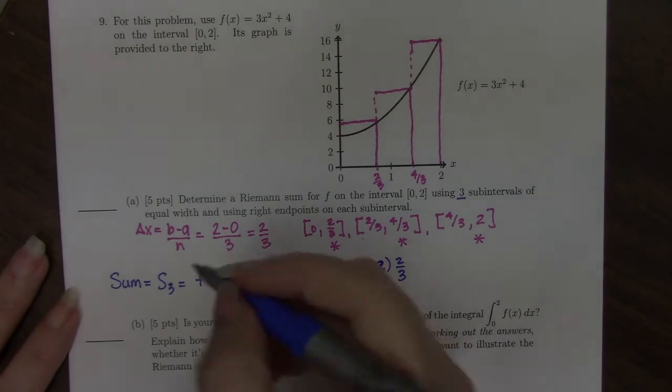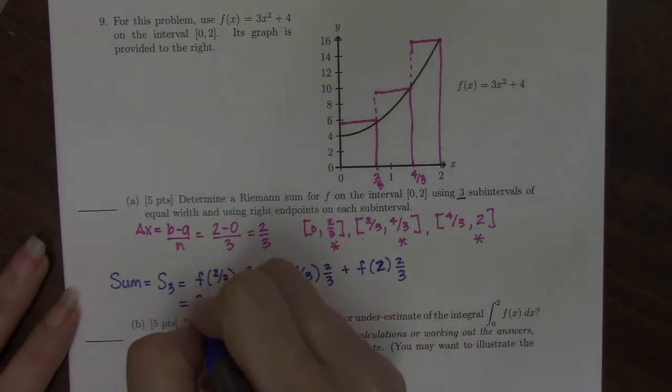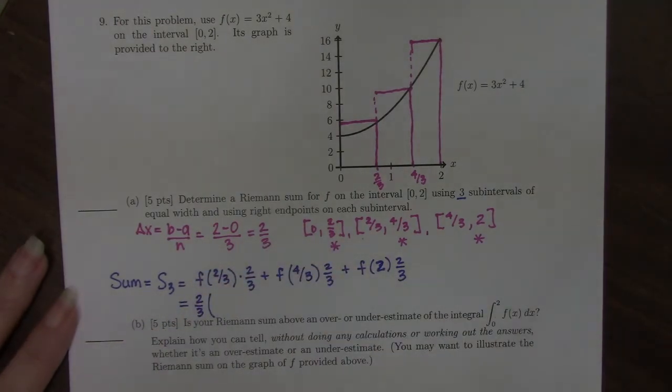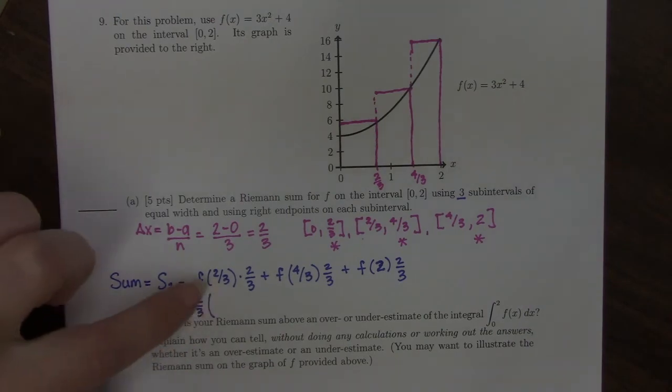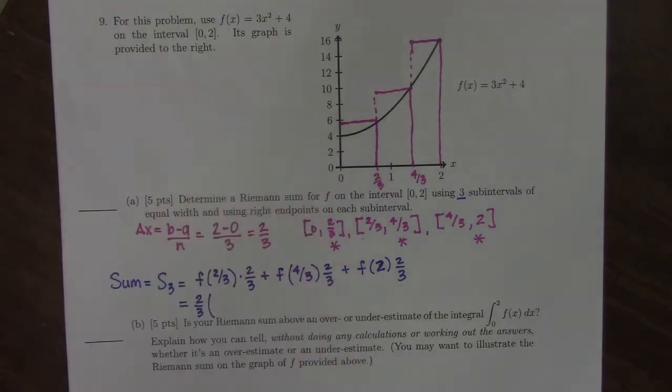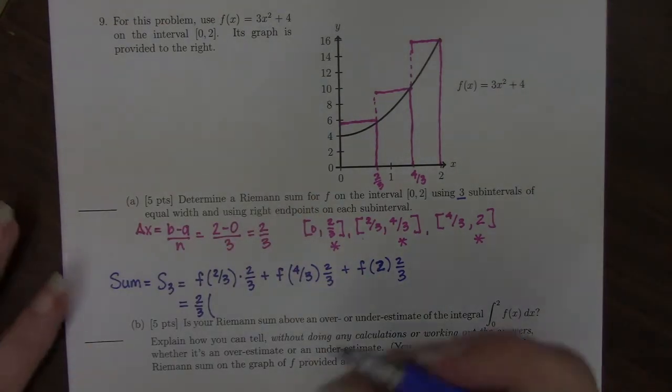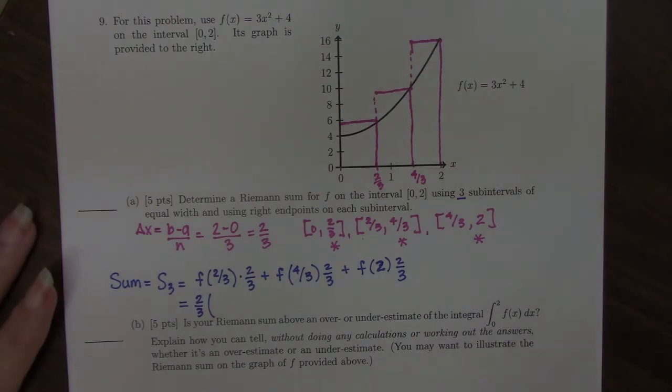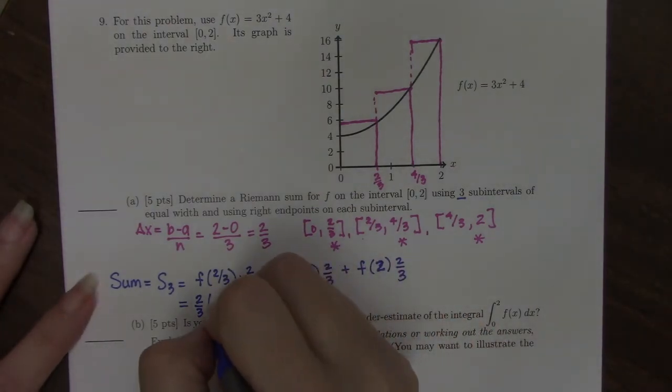Since all the widths are the same, I can factor my 2/3 out front. Now I just need to evaluate these 3 values. I could write it in and simplify it, or you can just leave it explicitly like this.